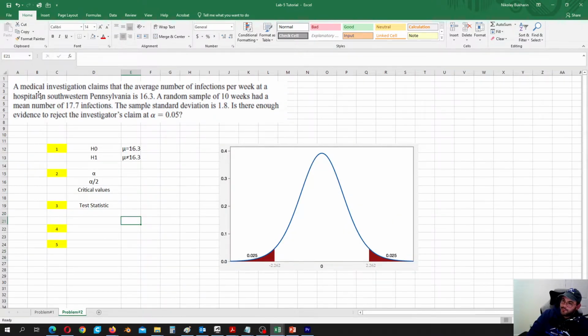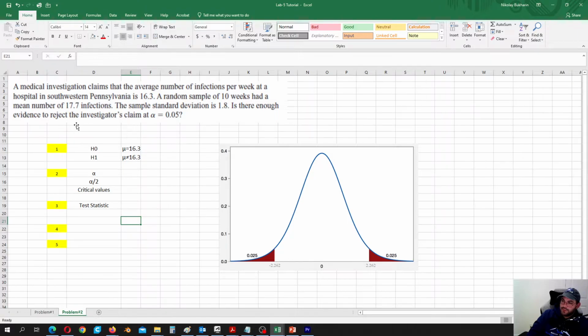In this problem, a medical investigation claims that the average number of infections per week at a hospital in southwestern Pennsylvania is 16.3. A random sample of 10 weeks had a mean number of 17.7 infections. The sample standard deviation is 1.8.